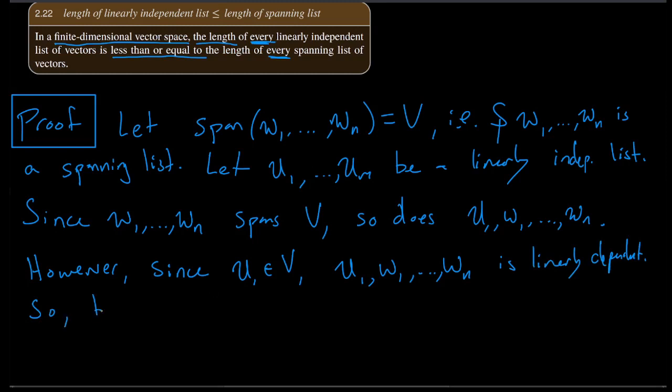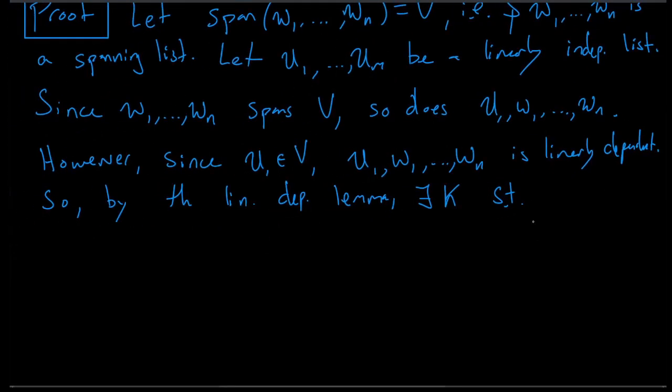So, by the linear dependence lemma, there exists some k such that the list you obtain by removing one of these vectors still works.